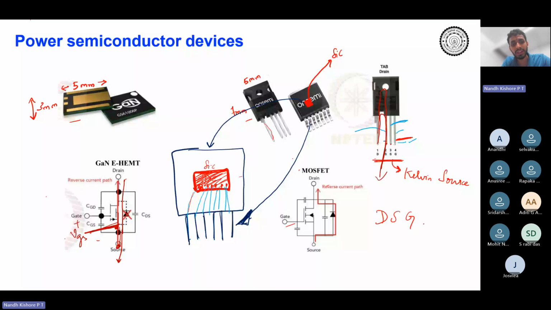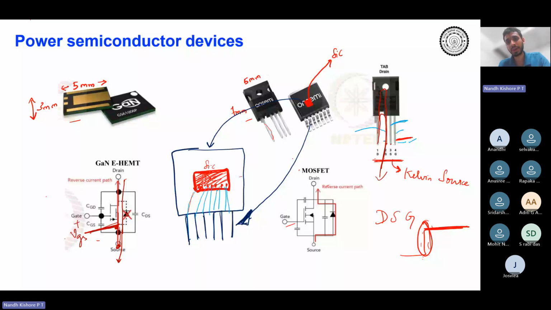Just that during the transient, I'm talking about this particular region, only in this region does Kelvin source come into play. During steady state, a capacitor is open and an inductor is short. So it doesn't matter during steady state whether your source is this or this.